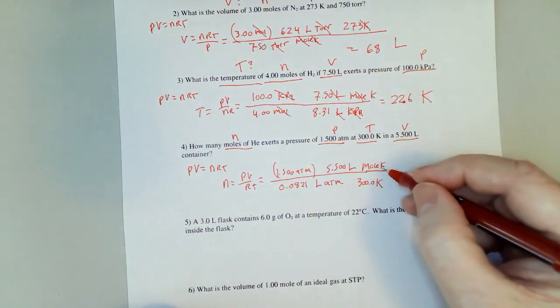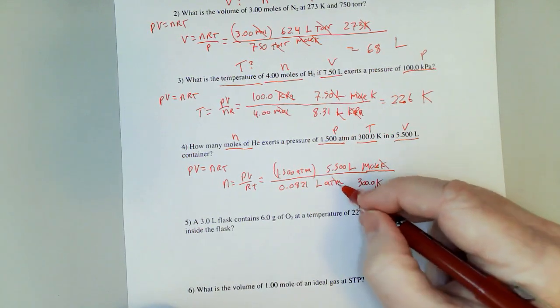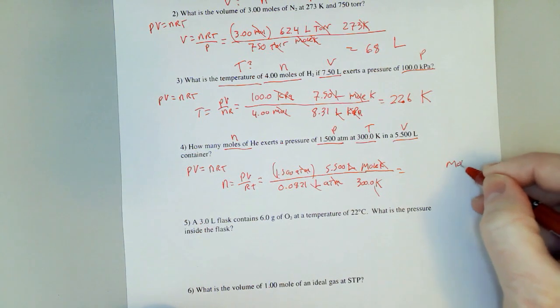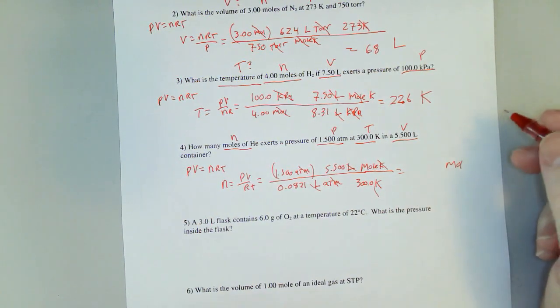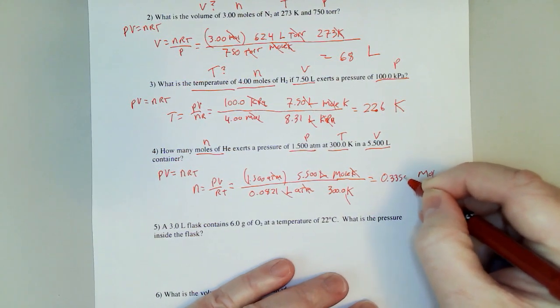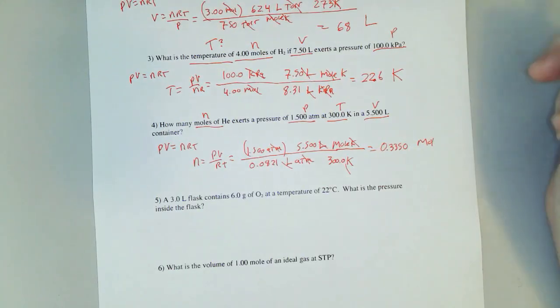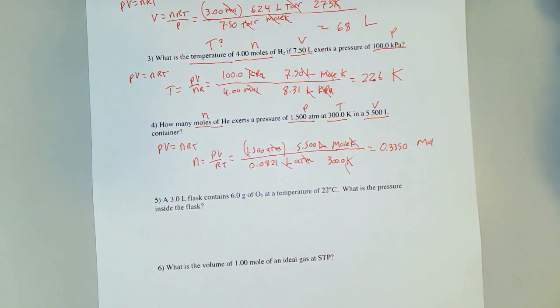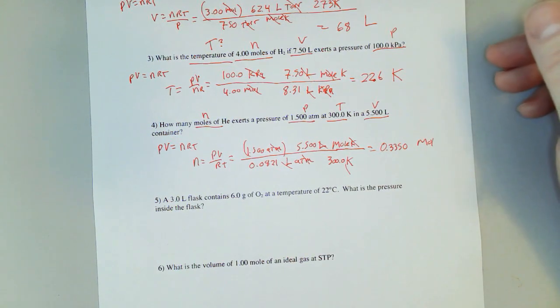Okay, Kelvin's gone. Atmospheres, liters, all gone. I'm left in moles, which is what I want. Cool. And this comes out to be 0.3350 moles.